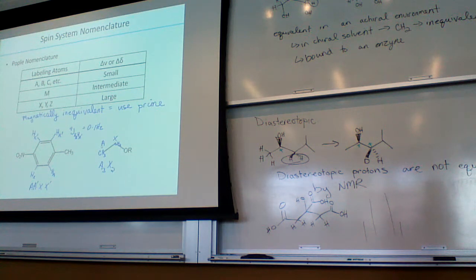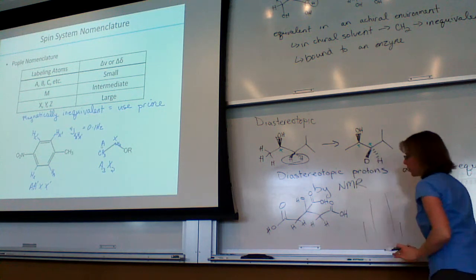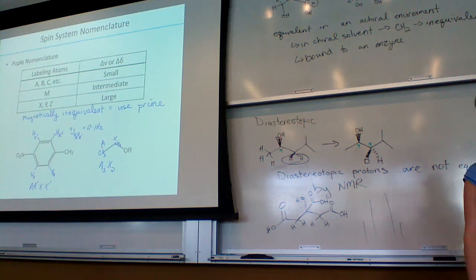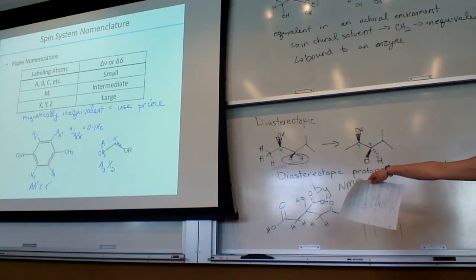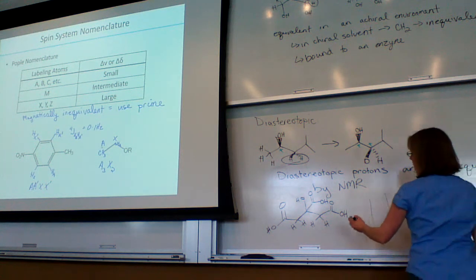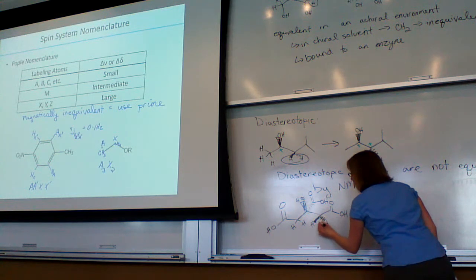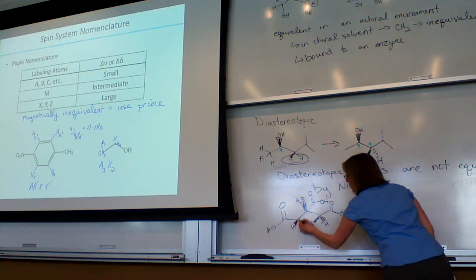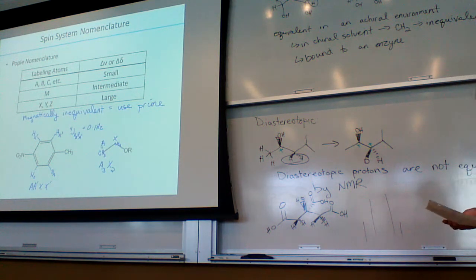So those are not equivalent. If we were to change one of these, we would get different relationships between the hydrogen and the oxygen. This one looks a little different because it is symmetrical, but the two different hydrogens feel a different environment depending on whether they're on the same side or opposite sides of the OH.